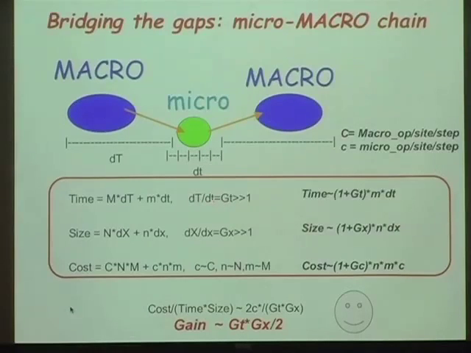But in general, I would say that in order to obtain significant savings, if this ratio is 1, you're not gaining anything, right? Because you're running on the same time scale. So in principle, this gain factor should be huge, but not too huge, because otherwise, going from macro to micro will be exposed to very large mistakes, and you spoil the whole purpose.